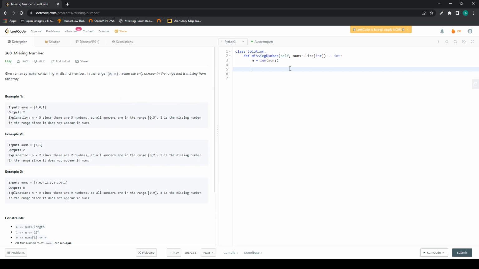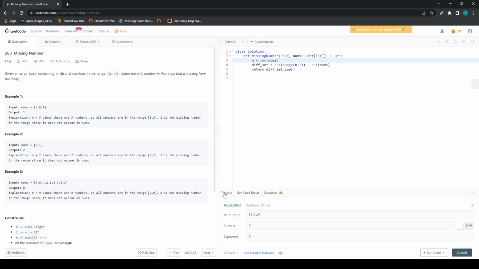So let's define a diff set equal to set of range of n plus 1, since range in Python is not inclusive and we want to include n itself as well, minus a set of nums. Here we are converting nums into a set, and we are creating a new set from everything so that there's no missing value, and then from the difference between those two sets, you can just return diff set dot pop, and that would be everything for the first way.